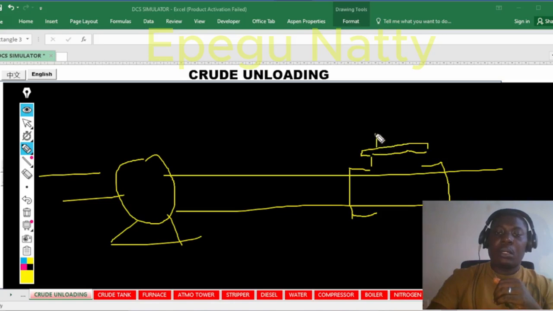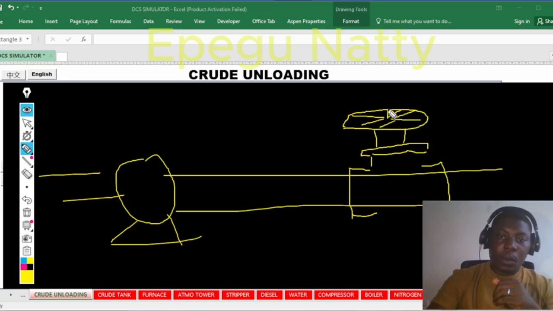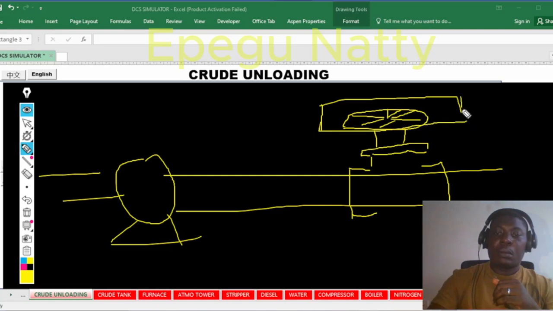Now, there is a stem inside here, and this region you're seeing is what we call the trim. We call here the trim.